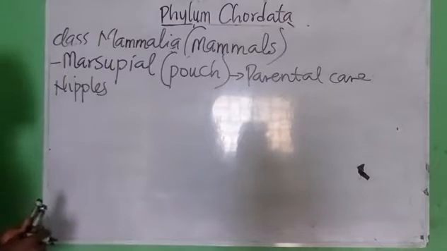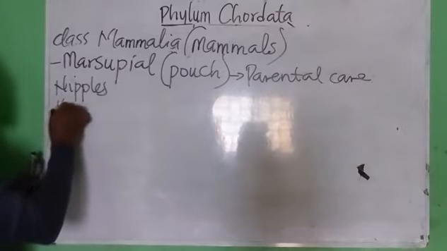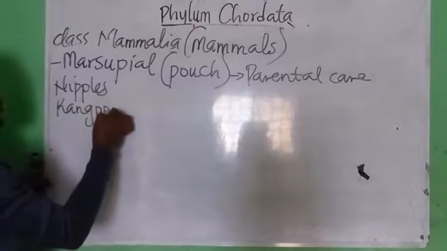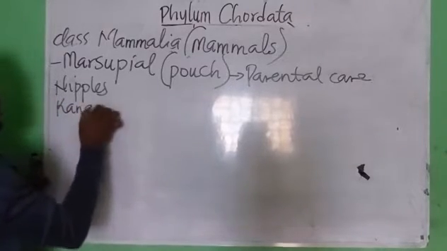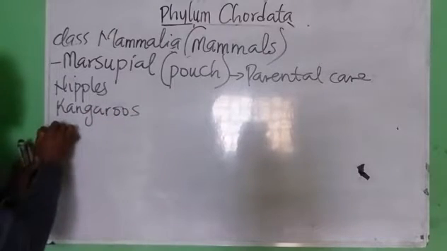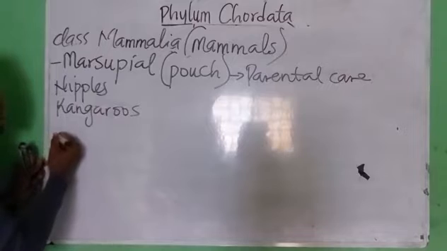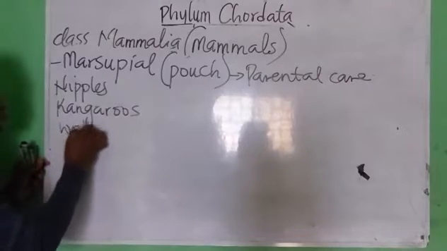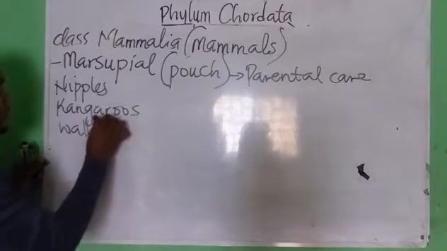Take note. Examples of these organisms are kangaroos. Kangaroos are examples. Wallabies are examples.